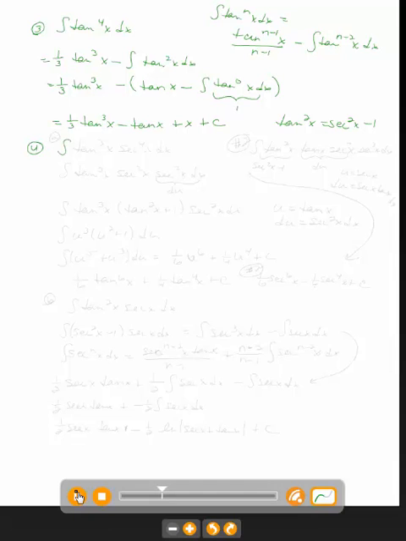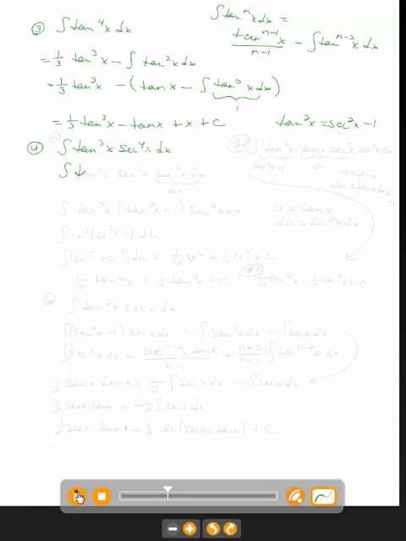So we have the integral of tangent cubed of x secant to the fourth of x dx, and it says, evaluate it. Okay, we've got an even power of secant. So we know the derivative of the tangent is the secant squared.